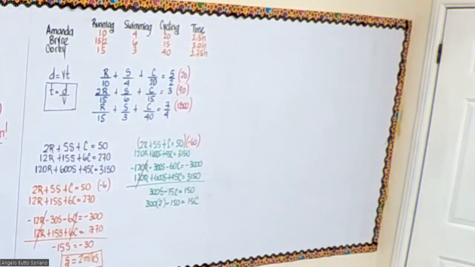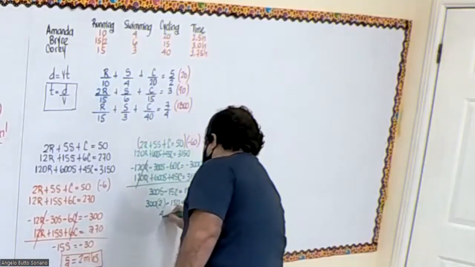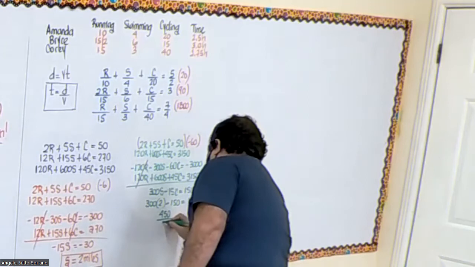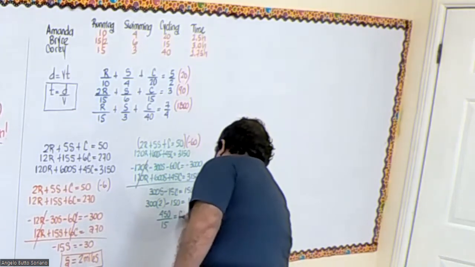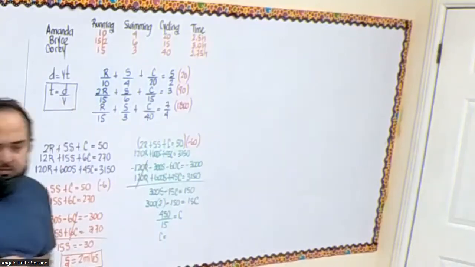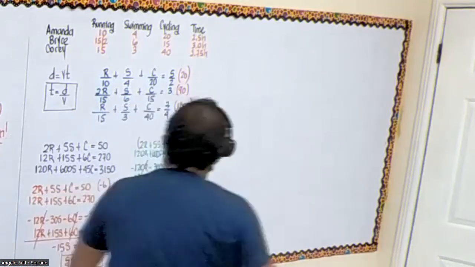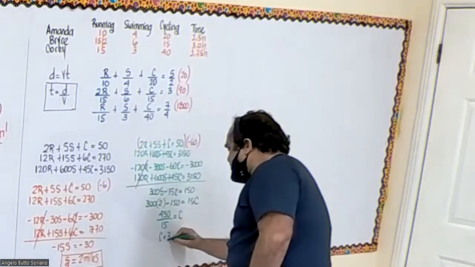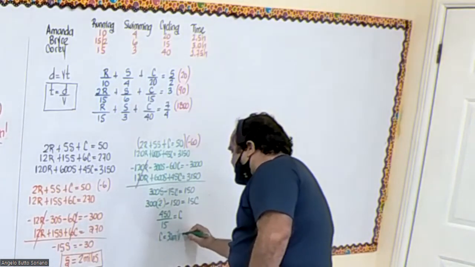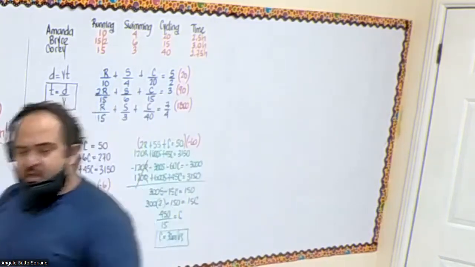That will be 450, right? 450 divided by 15, c will be equal to 30, right? c equals 30.